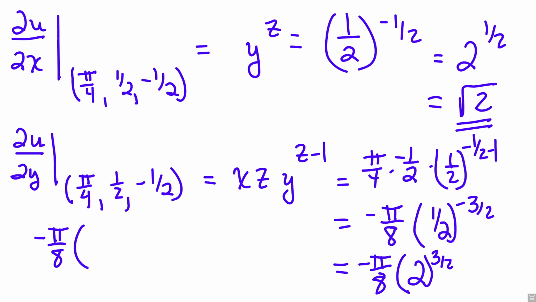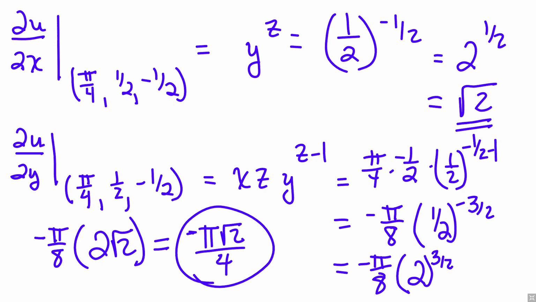Basically, that's going to simplify down to 2 square root of 2. So we're going to end up with negative pi times square root of 2 over 4. Any questions?